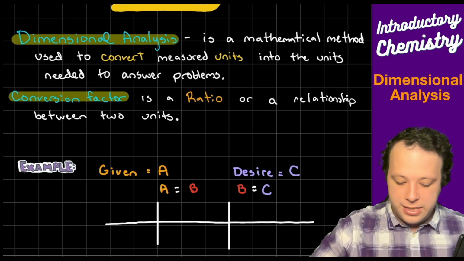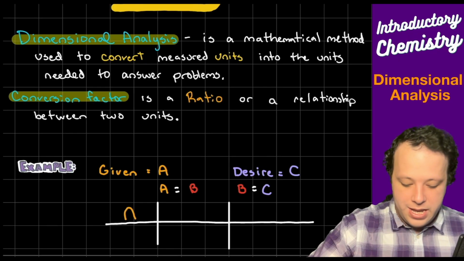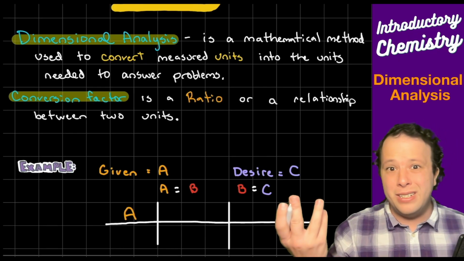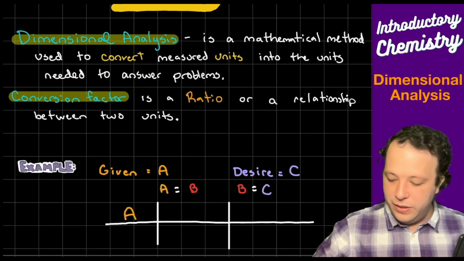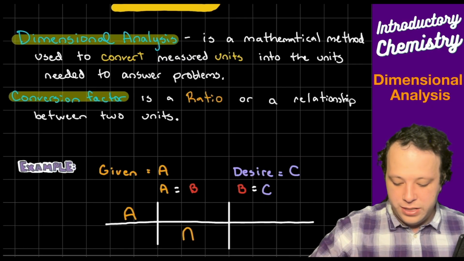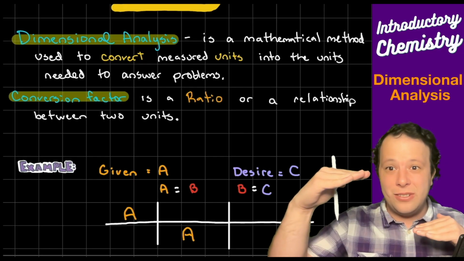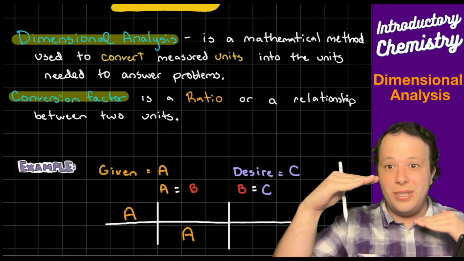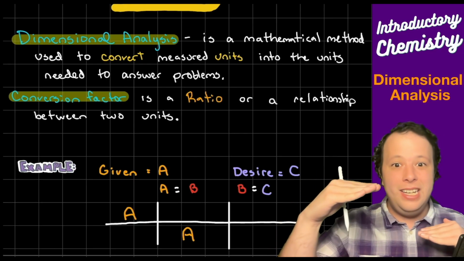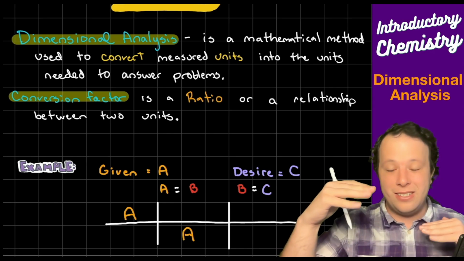So how does this exactly work? Well, if I'm given A, you always try to start with a number by itself. Then what we are going to do is cancel out those units. When they are opposites of each other, they can cancel. Opposites cancel each other out, and that is the key thing that we're always looking for, canceling.